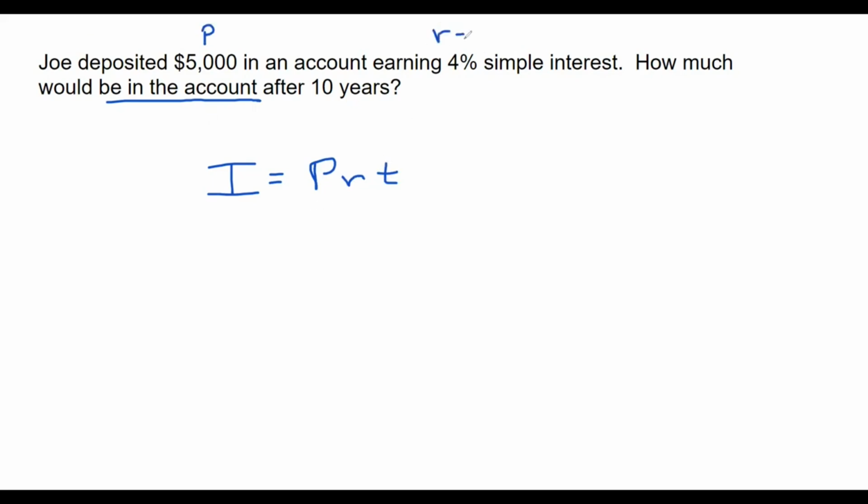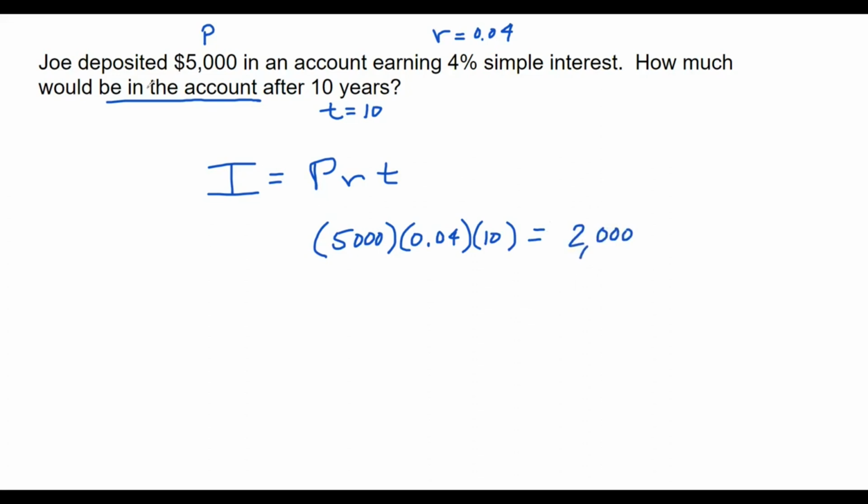R, we convert to a decimal: 4 divided by 100 is 0.04. And we are doing this over 10 years, so T equals 10. So 5,000 times 0.04 times 10 equals $2,000 of interest.